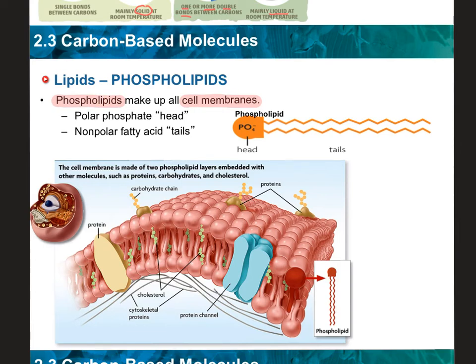And a phospholipid's kind of interesting because it is a lipid, and because it's a lipid, it has carbon, hydrogen, and oxygen. 1, 2, very few. And that would be in this portion of the molecule. So notice it has 2 fatty acid tails.